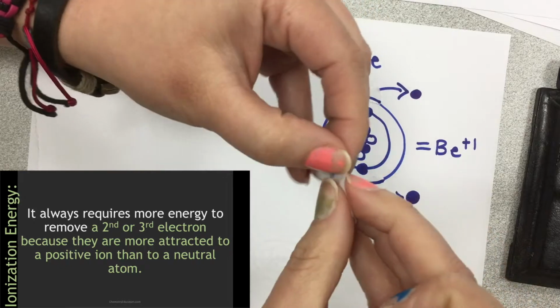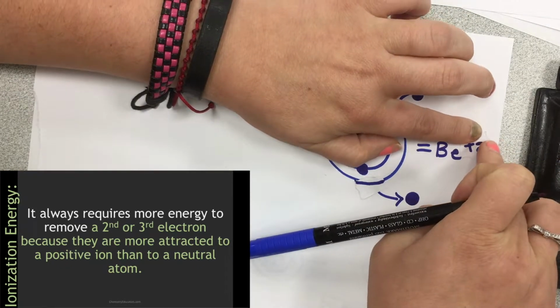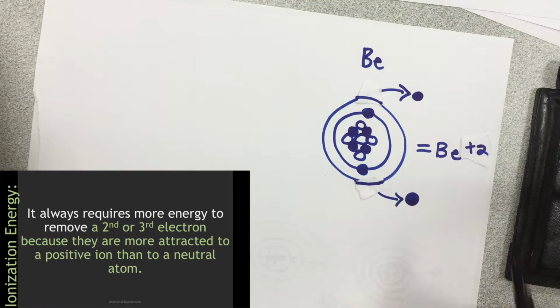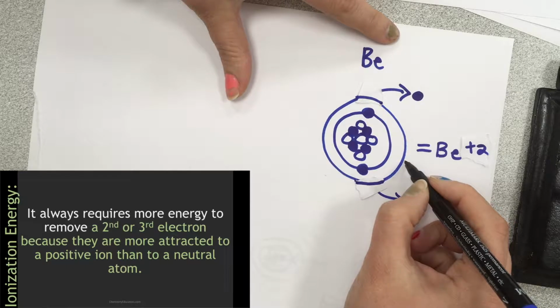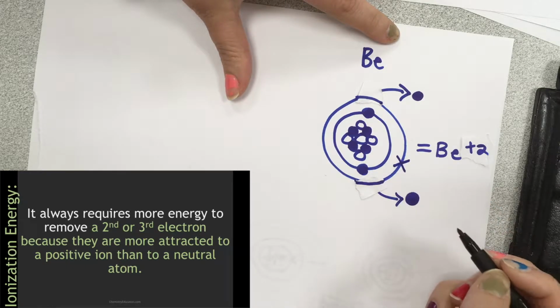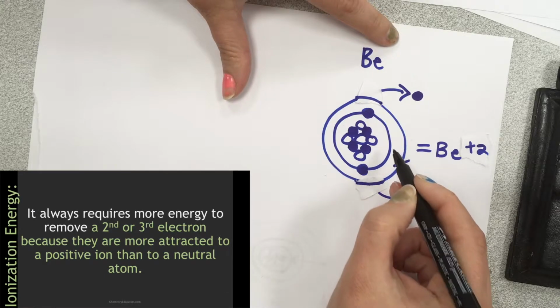Let's remove this side. All right? So we have beryllium +2. And now you'll notice that there's actually no electrons in that outer shell. However, this inner shell is stable.